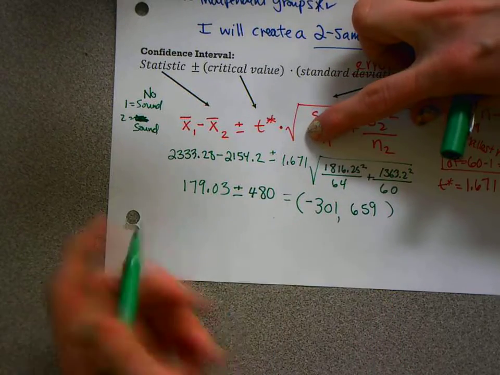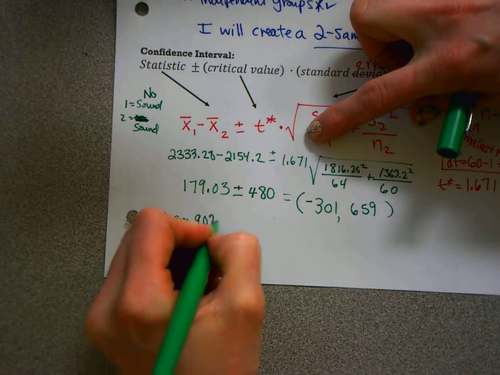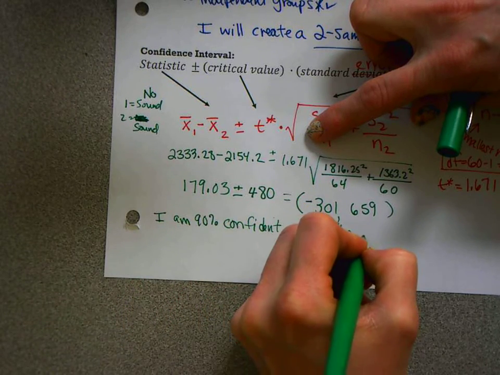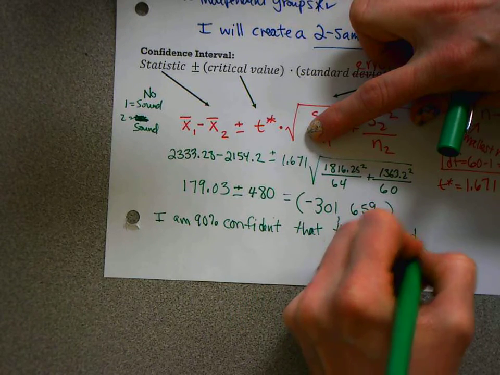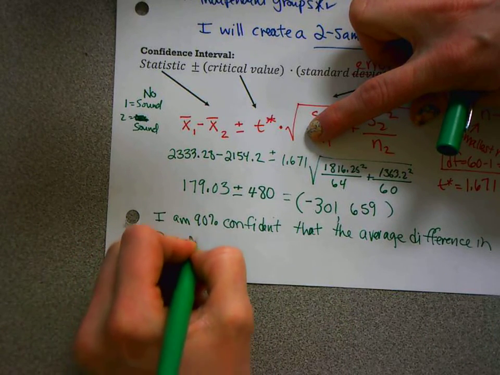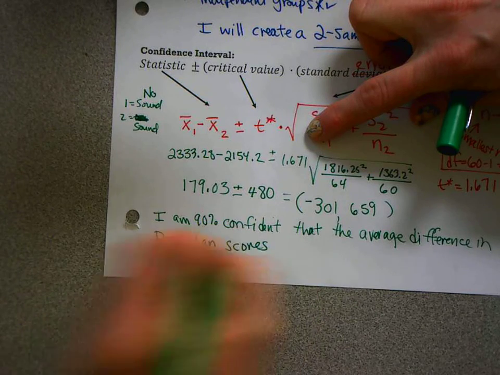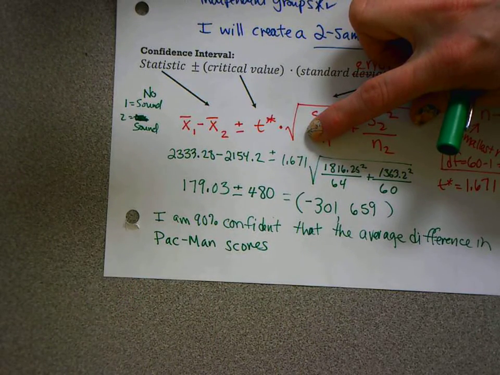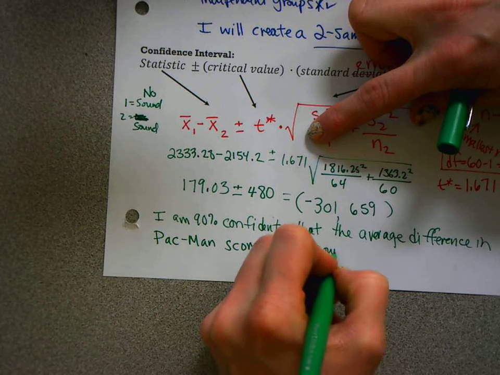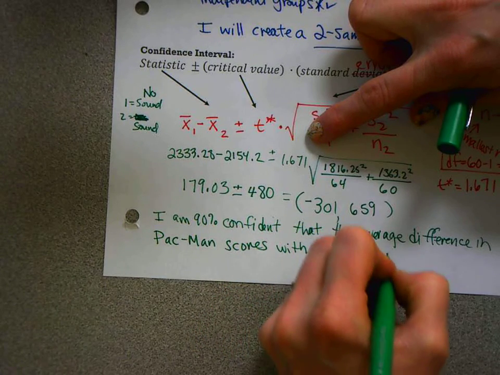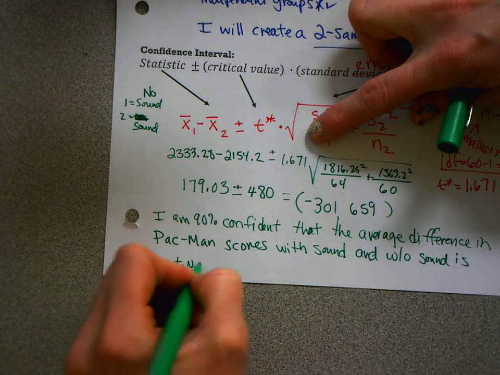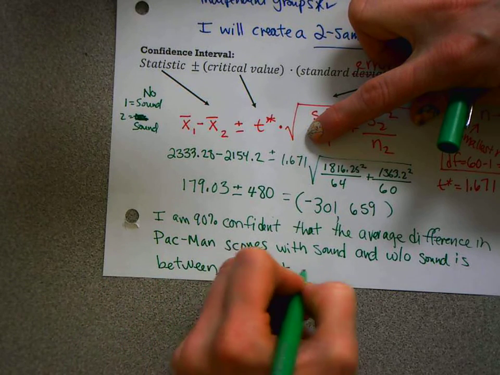We're going to write, I am 90% confident that the average difference in Pac-Man scores with sound and without sound is between negative 301 points and 659 points.